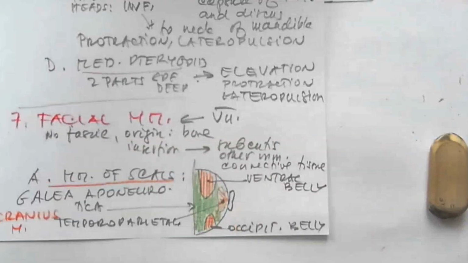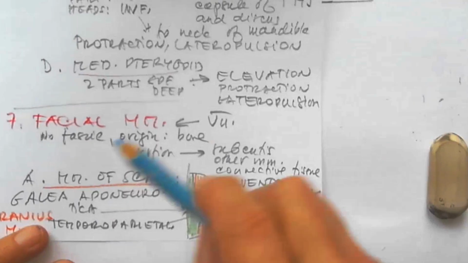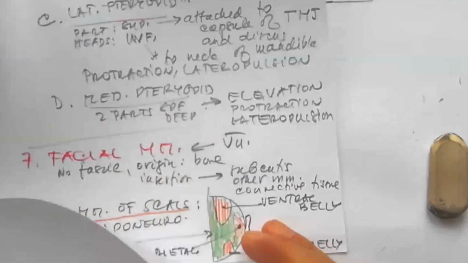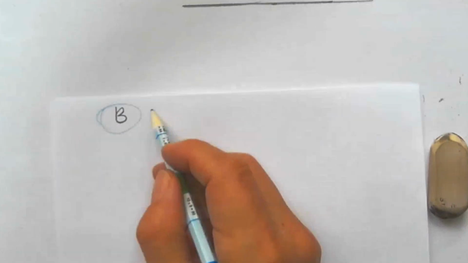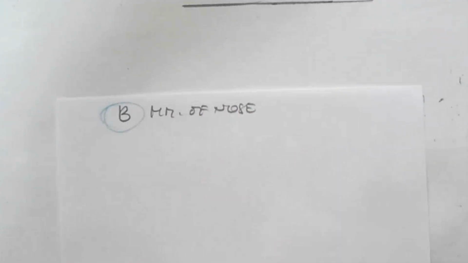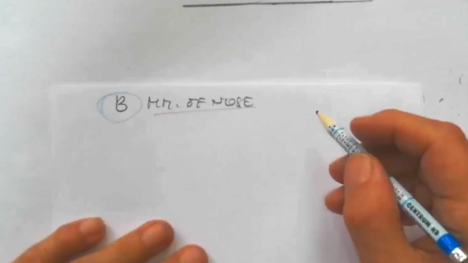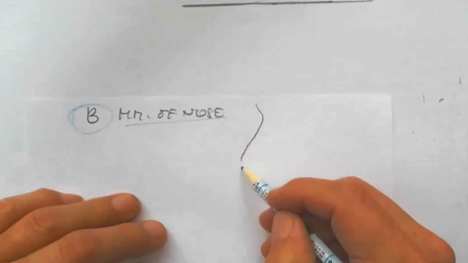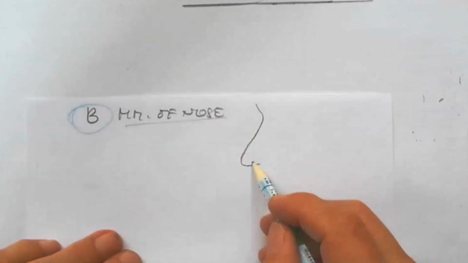This is A, then B. Category B are the muscles of the nose, of course of the external nose. These muscles are situated on the lateral side of the nose. Maybe one sketch could help, just looking at the nose.